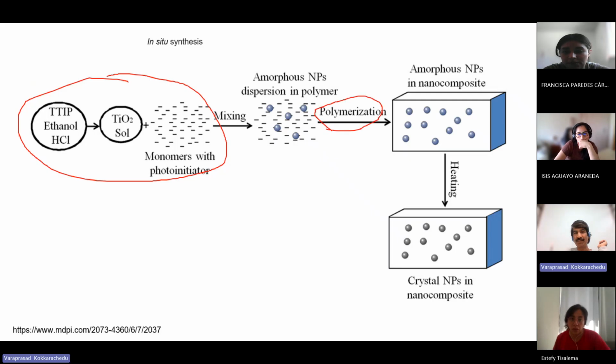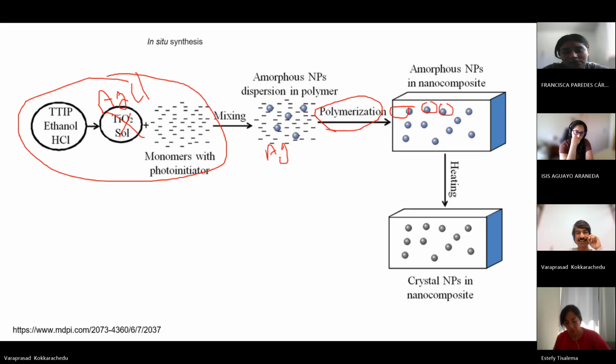In the polymerization process, what happened? The polymer matrix forms on top and the nanoparticle is prepared inside the hydrogel network. Okay. Here, for example, if you take silver chloride, AgCl, here they convert it to Ag+. Okay.